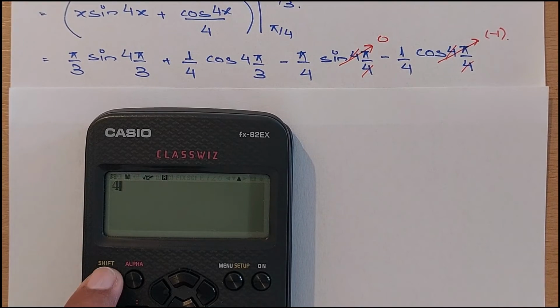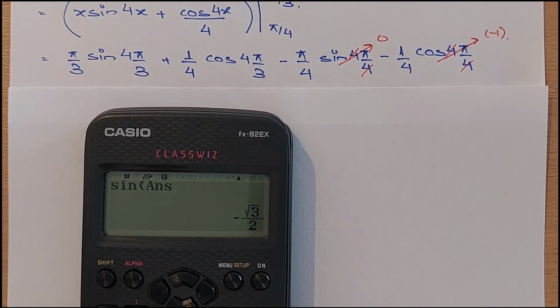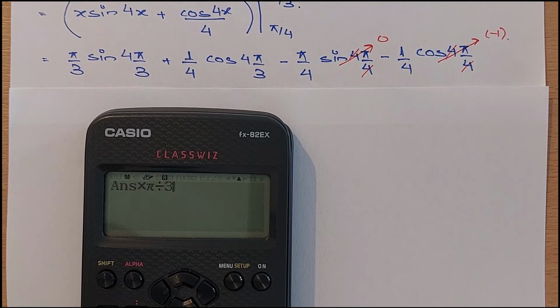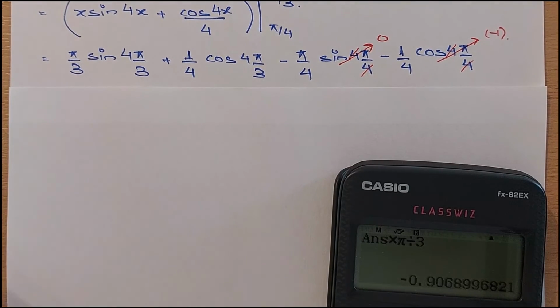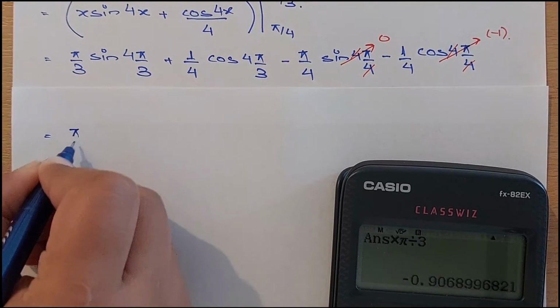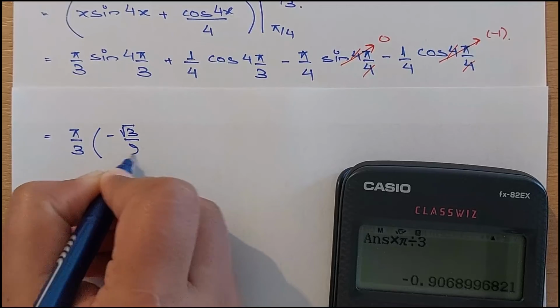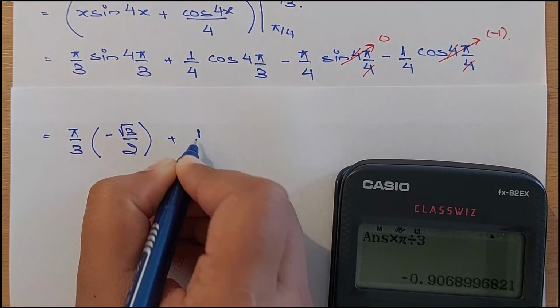4 pi by 3, 4 pi divided by 3. Sine of 4 pi by 3 is minus square root of 3 by 2, and pi by 3 is outside, times we have pi divided by 3. Let me keep it as it is. Yes, pi by 3, and this is minus square root of 3 by 2 plus 1 by 4.